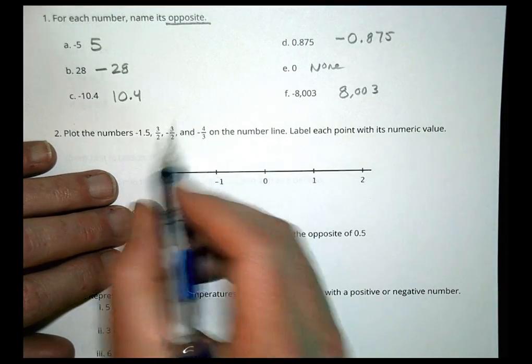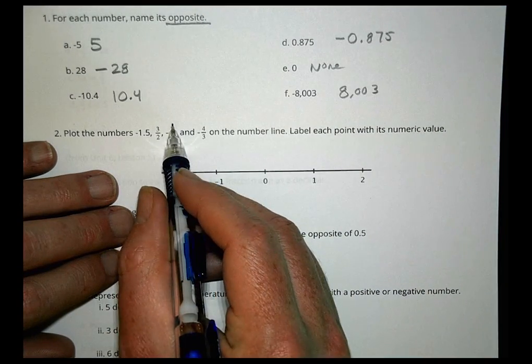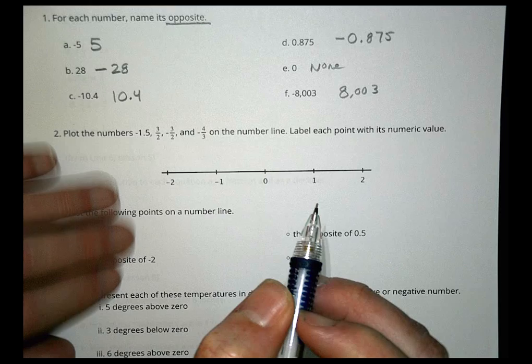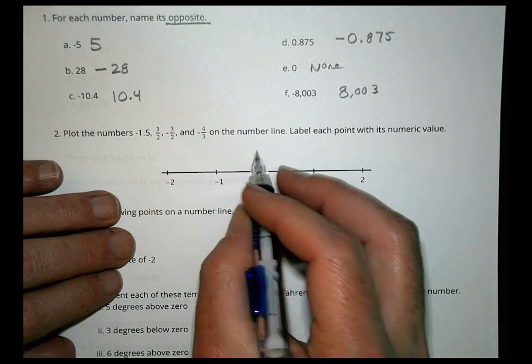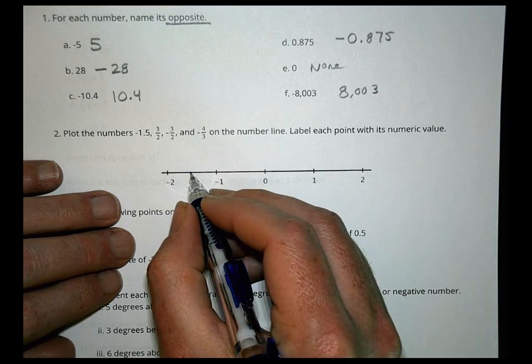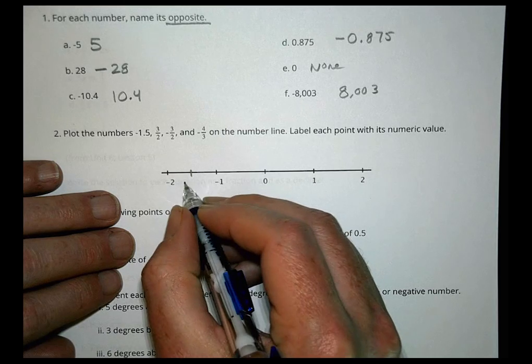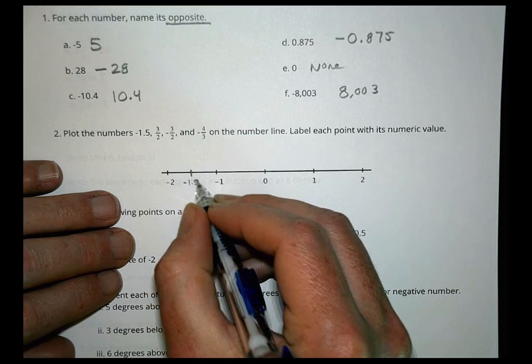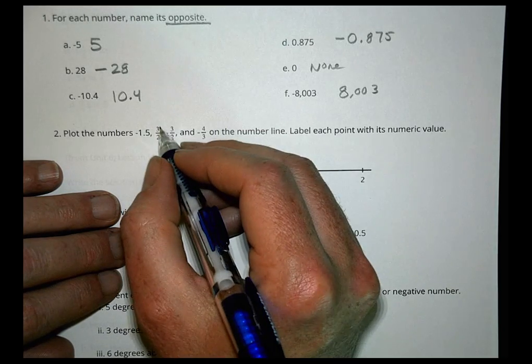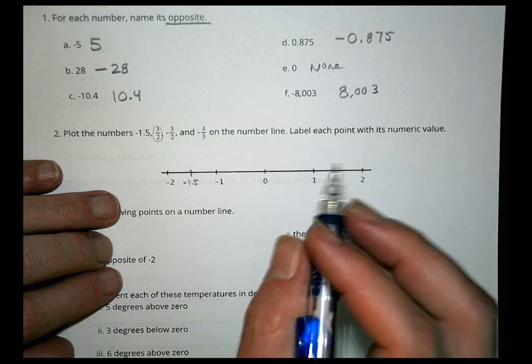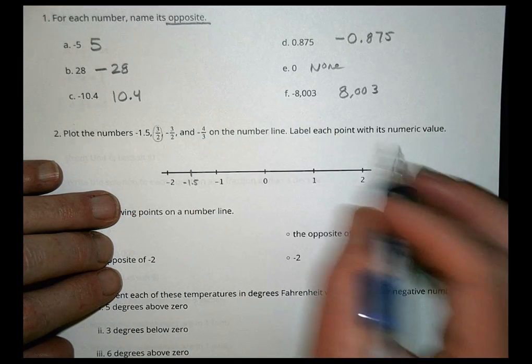Plot the numbers -1.5, 3/2, -3/2, and -4/3 on the number line. So -1.5, it's going to be here at the halfway point, and we can write -1.5 no problem. Want to do 3/2. So 3/2 means I'm dividing things into halves.